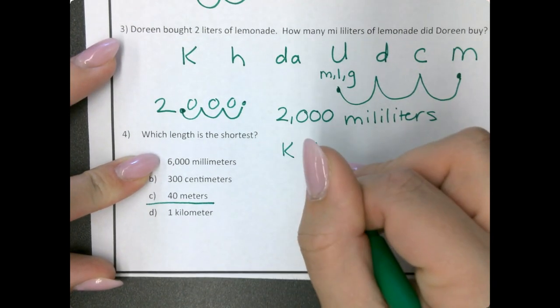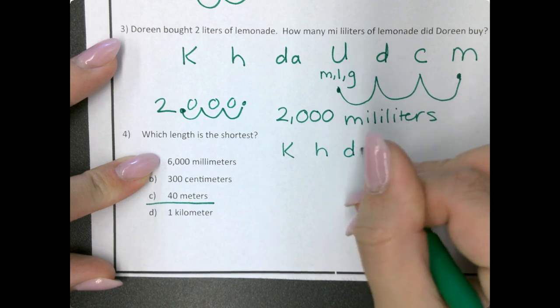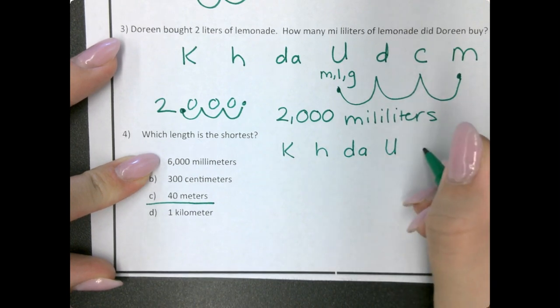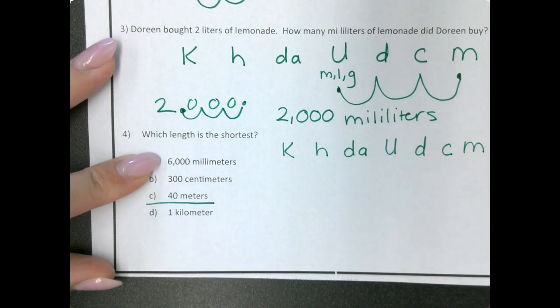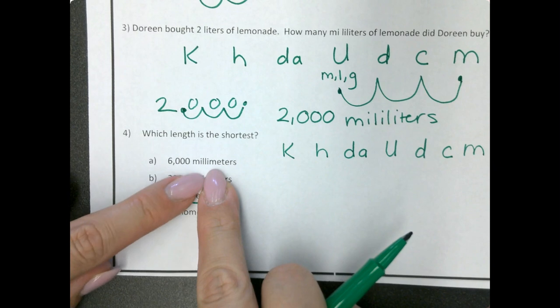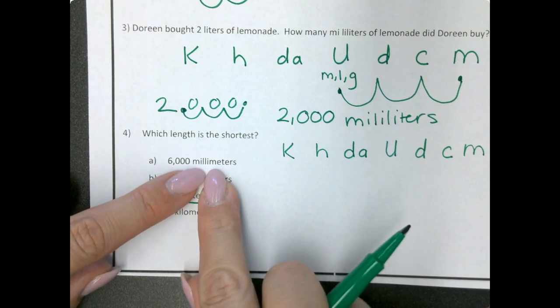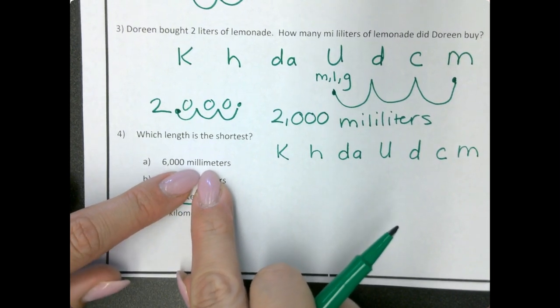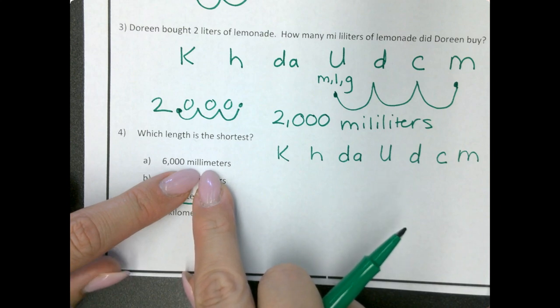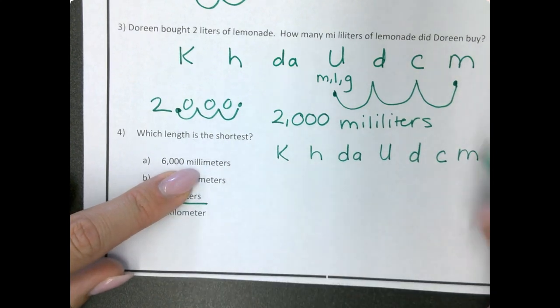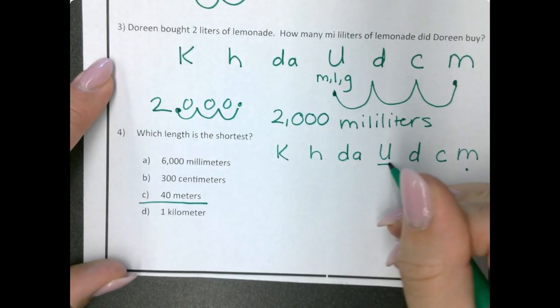So let's write our saying. King Henry died unusually drinking chocolate milk. We have to go from milli to meters. Where am I starting? Where's milli? What letter? M. And we're going to the U, right?